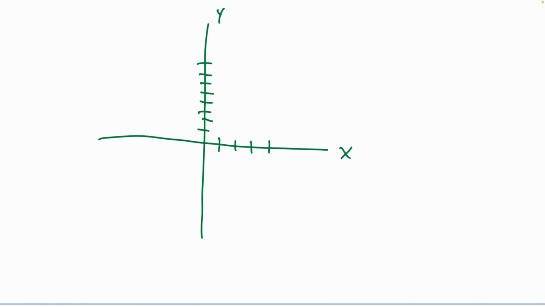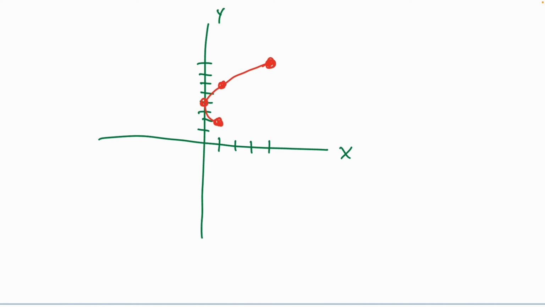At x is 1, we have y is 2. At x is 0, we have y is 4. At x is 1, we have y is 6. And at x is 4, we have y is 8. So it's this curve. It's part of the inverse of a quadratic.